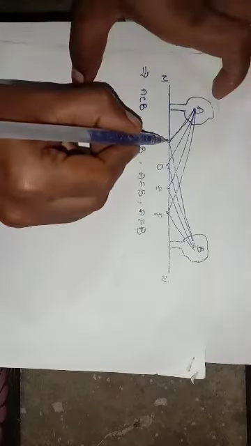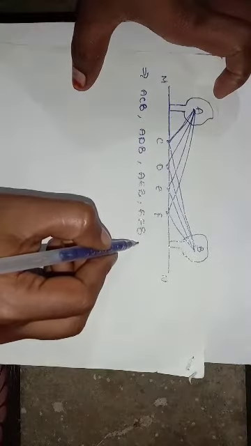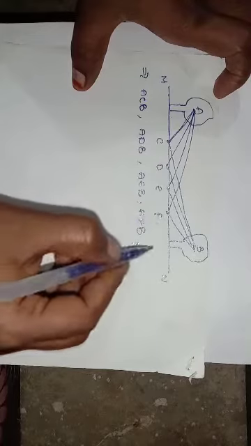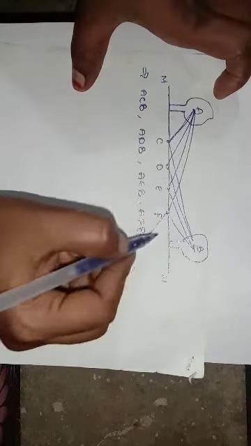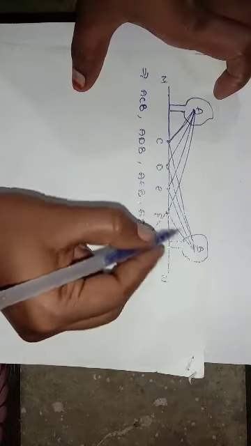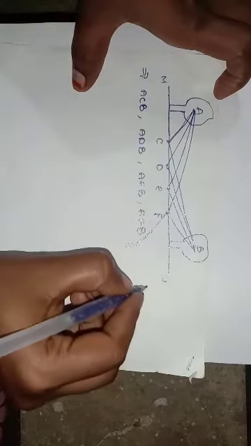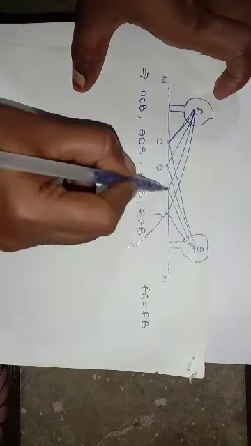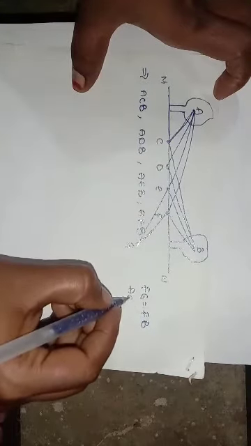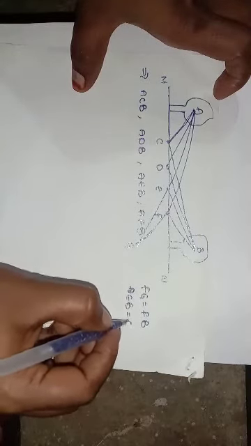To find that, I am taking a duplicate of these paths. Suppose let us take G. FG is equal to FB. Let us consider FB is equal to FG, and AE is equal to EB is equal to EG.